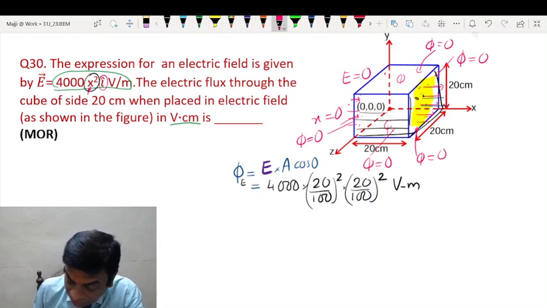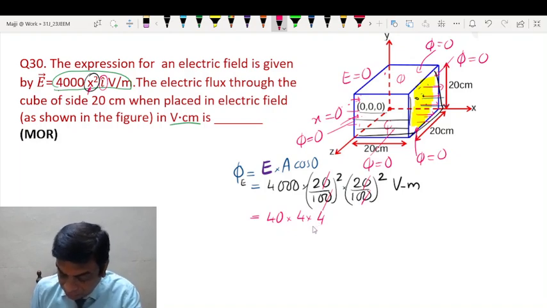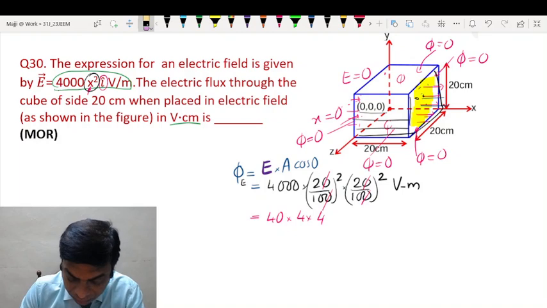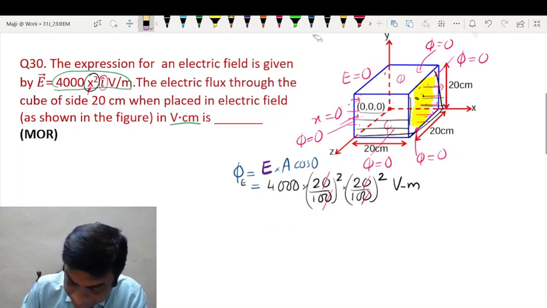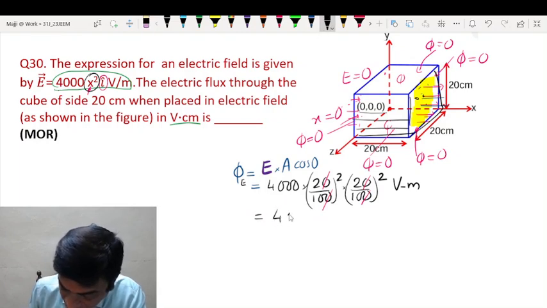So everything is in SI unit. So let us cancel out the things which can be cancelled here. We have 4000 here. This is 20 upon 100, and this 20 by 100, and this is also 20 by 100.